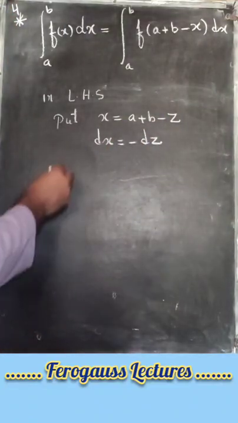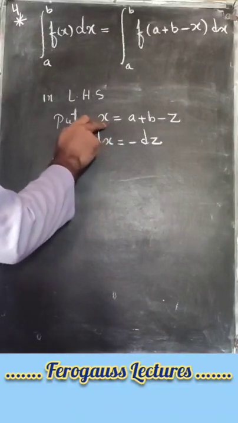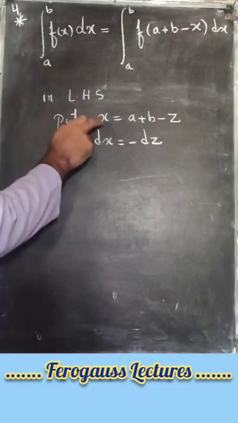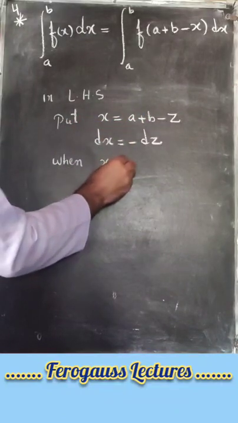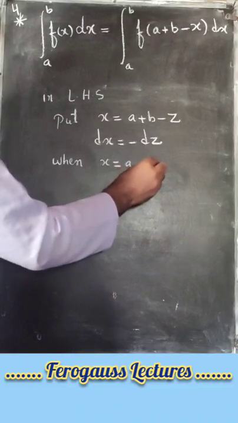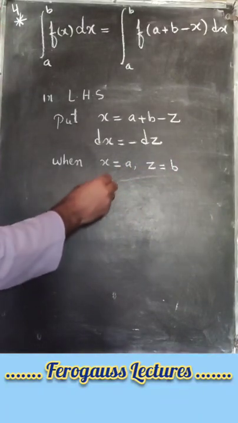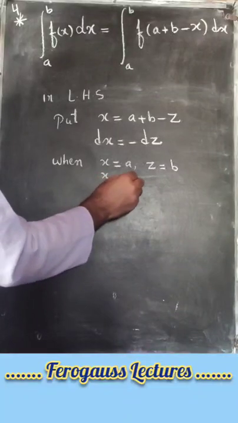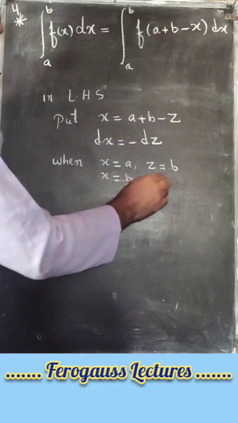Also, when x is equal to a, we get z equal to b, and when x is equal to b, we get z is equal to a.